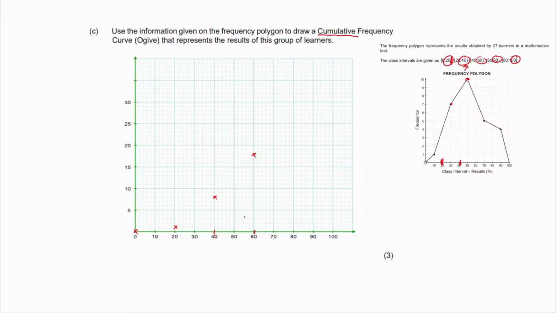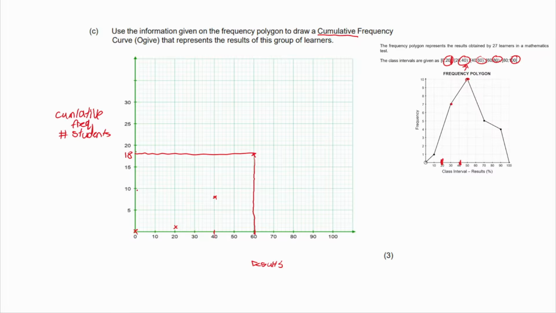Okay, so let's make sense of this now. If we look at this, this is 18. It's not saying that 18 students, because remember you don't actually have to give labels, but this would be the number of students, the cumulative frequency.